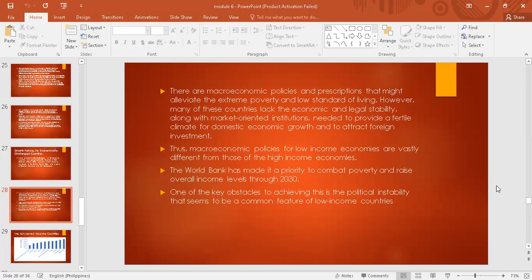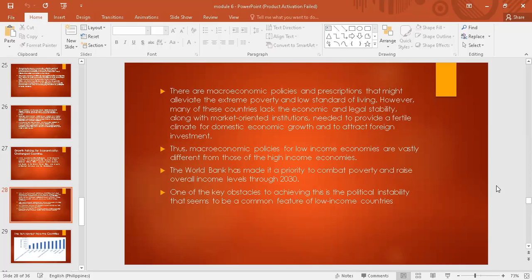They have policies to have more economic development, but it is not as fast as in the middle income countries. Okay? So, the first reason there is no economic activity and legal stability, or no economic stability and legal stability.